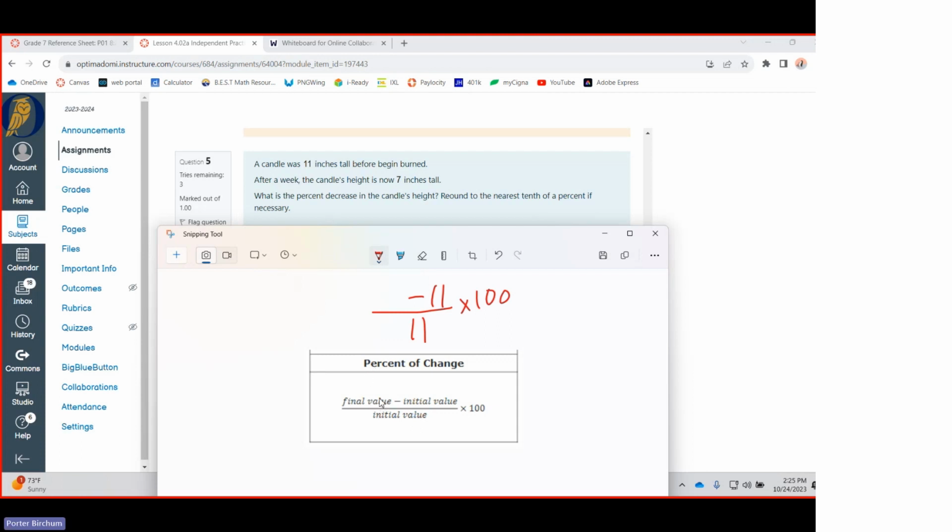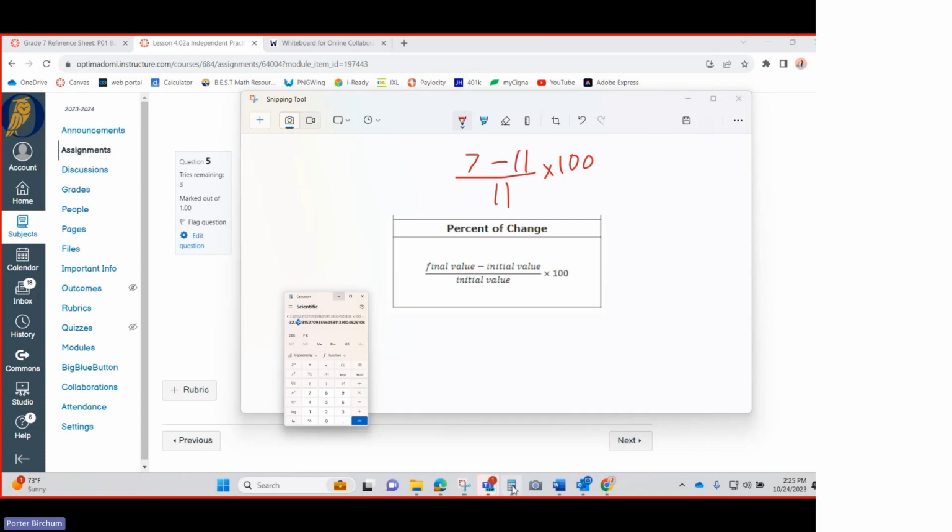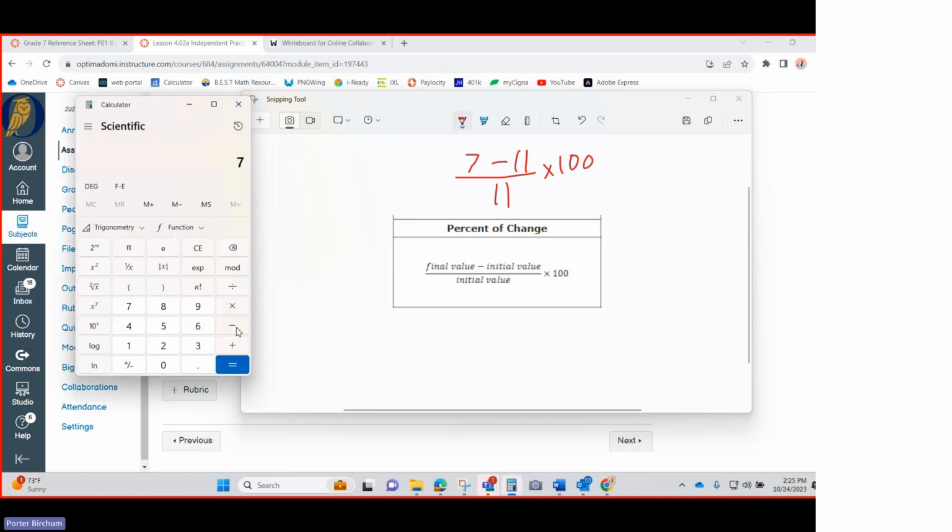So I'm going to replace where final value is with the number 7. Now I can use my handy dandy calculator to finish the job. 7 minus 11. It's really important to click the equal sign or use parentheses if you're using a calculator, so that way your calculator knows to subtract before divide. Now I'll do divide by 11 equals times by 100 equals.